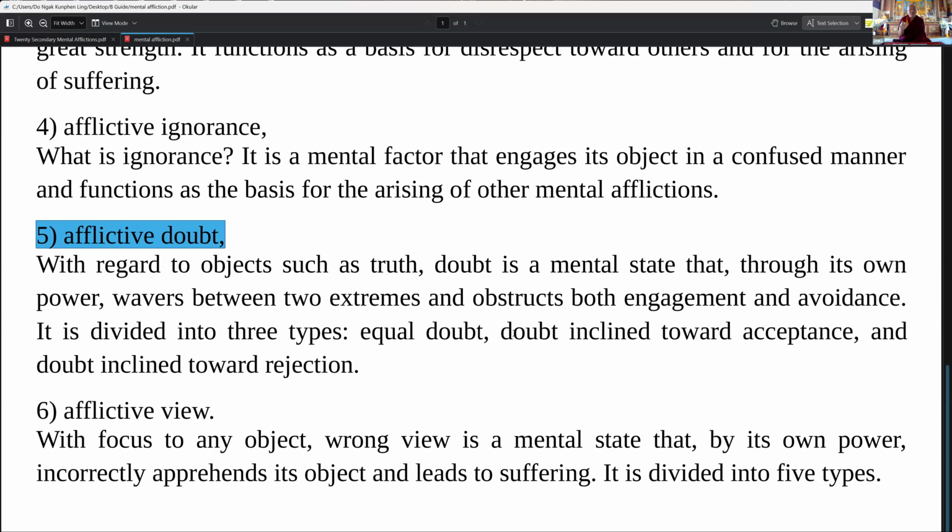Therefore here the sixth root mental defilement is the doubt of defilement, or defilement doubt. That we should say. It is doubt on truth or doubt on reality.